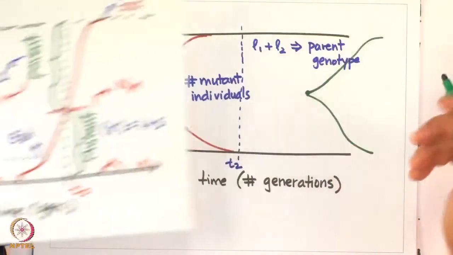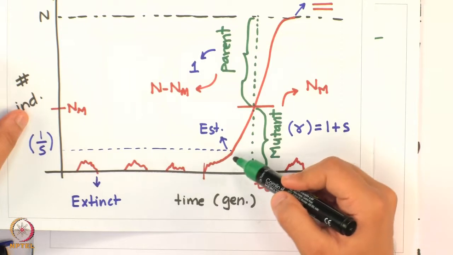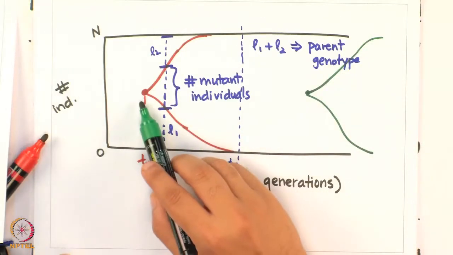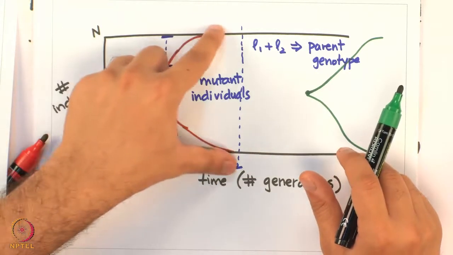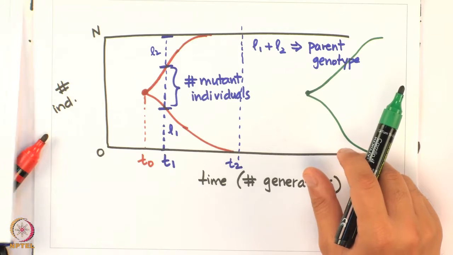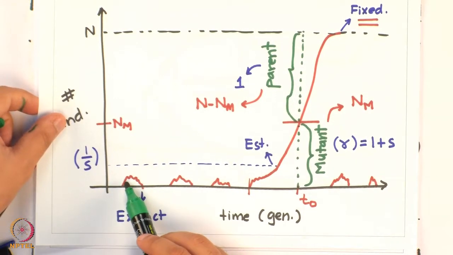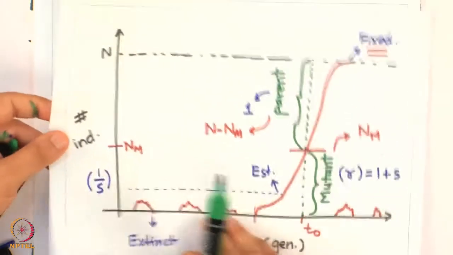So, what you should try and do here is draw a parallel between this mutation which got established and went to fixation with this mutation which happened here and its numbers increased and it went to fixation. So, how do we represent these mutations which happened but their numbers could not establish themselves and they went to extinction?